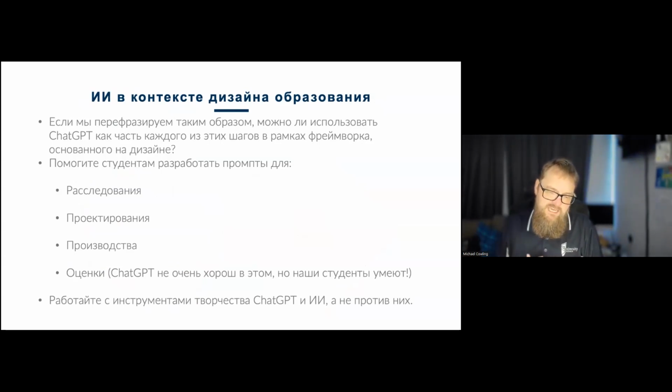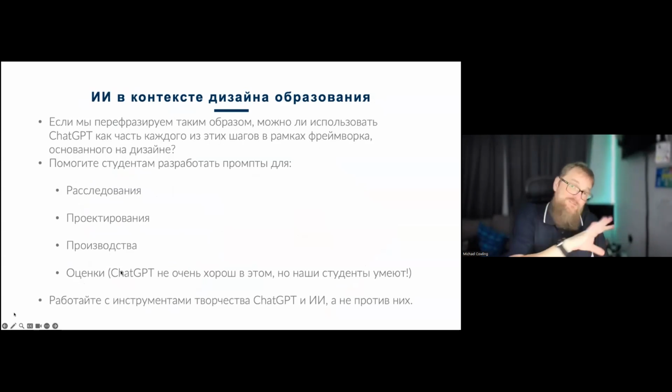ChatGPT is quite good at the designing and the producing, so these two in the middle. It's not very good at the investigating, and is really not very good at the evaluating. Once you understand how the tool works, you know why that's the case.